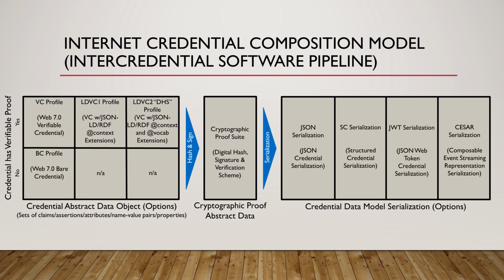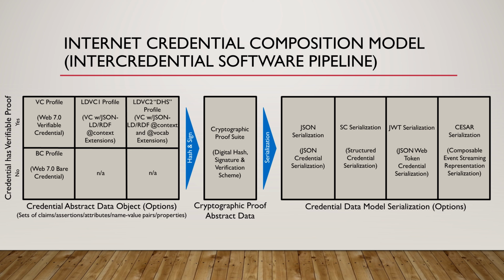So the idea of the composition model is you start on the left with your credential abstract data object defined from a credential abstract data model. Bare credentials, verifiable credentials, LDVC1 credentials, and LDVC2 credentials all have their own abstract data model associated with them, their own set of properties. Think of a sack, if you will, that has these claims, assertions, attributes, name-value pairs, properties that are used to describe this particular type of credential.